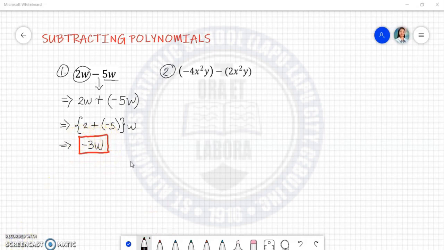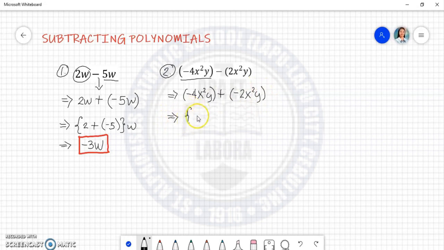Now let's move on to example number 2. As I have said in example number 1, we will copy the minuend negative 4x squared y, change the operation to addition, and get the opposite sign of the subtrahend, negative 2y squared y. This time proceed to the rules of adding polynomials.